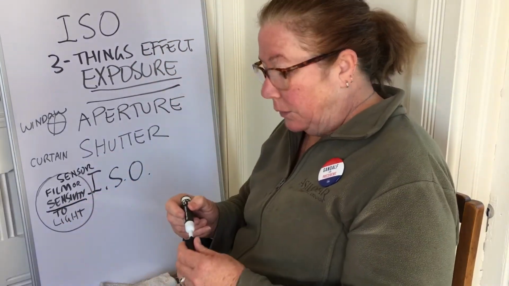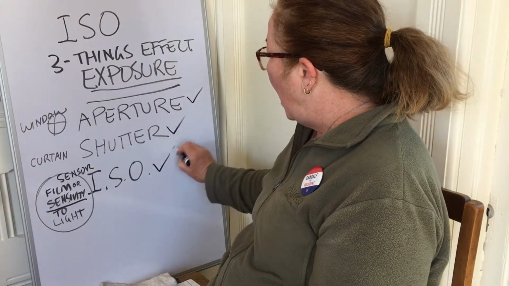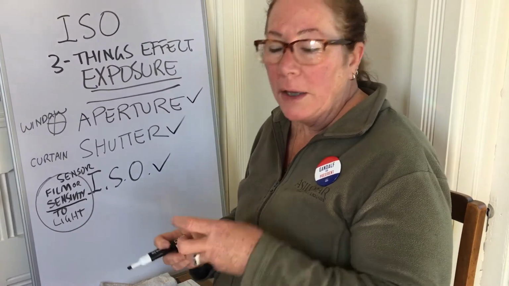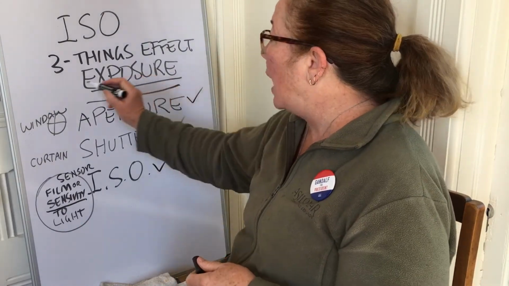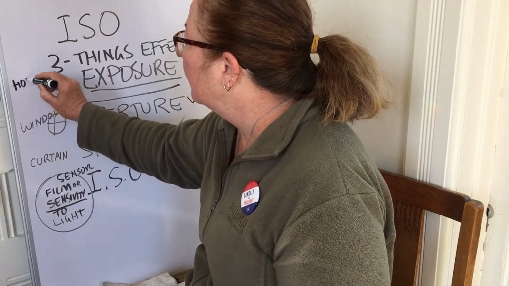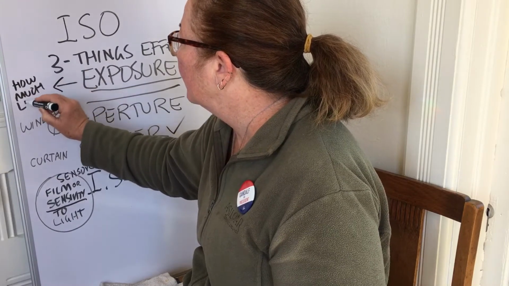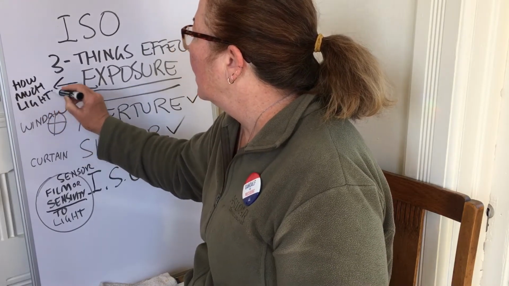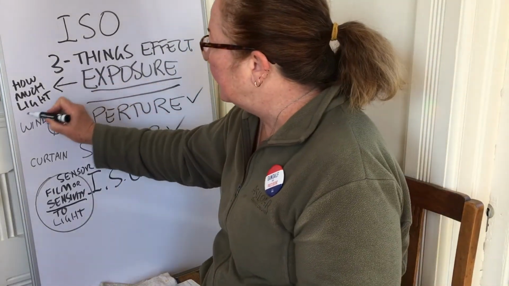These three controls, the aperture, the shutter, and the ISO, are the only three controls that affect exposure. That means how much light comes into your camera.